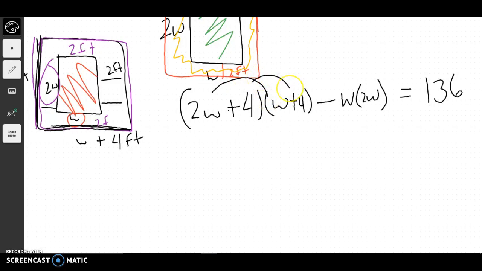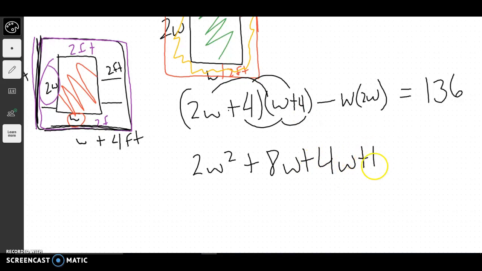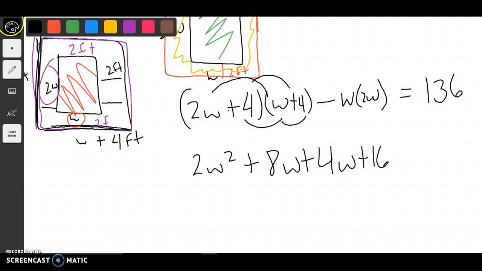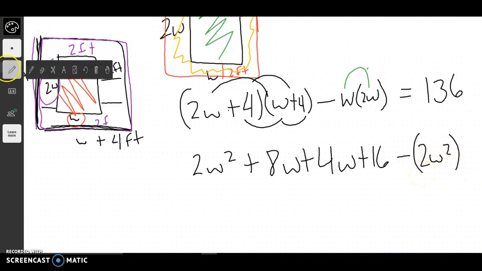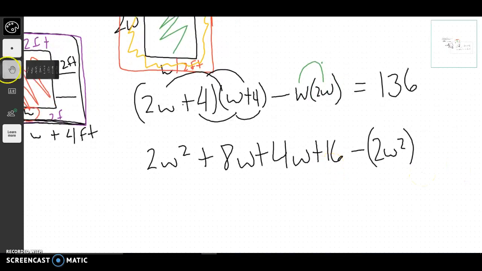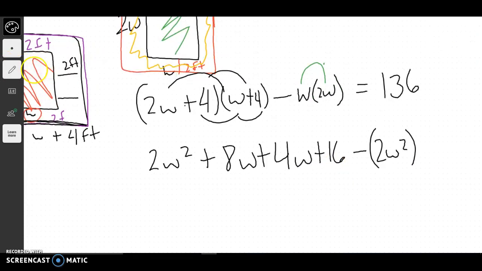So distribute, distribute. I would have 2w squared plus 8w, distribute, distribute, plus 4w plus 16, distribute, which this one's really easy to distribute, because I get 2w squared. It's again in parentheses, and then that would equal 136.